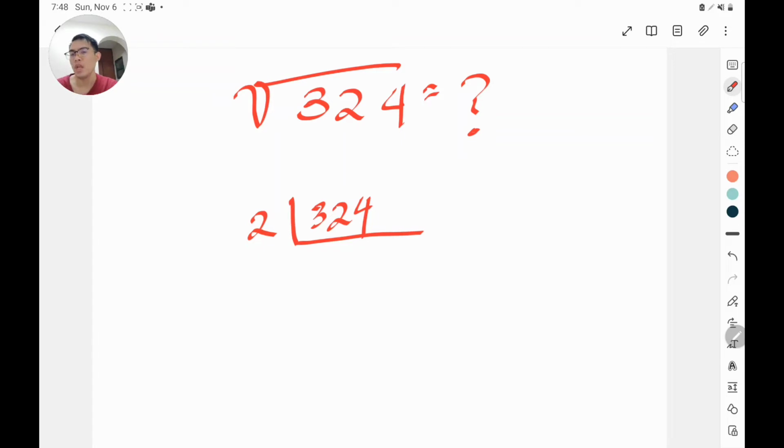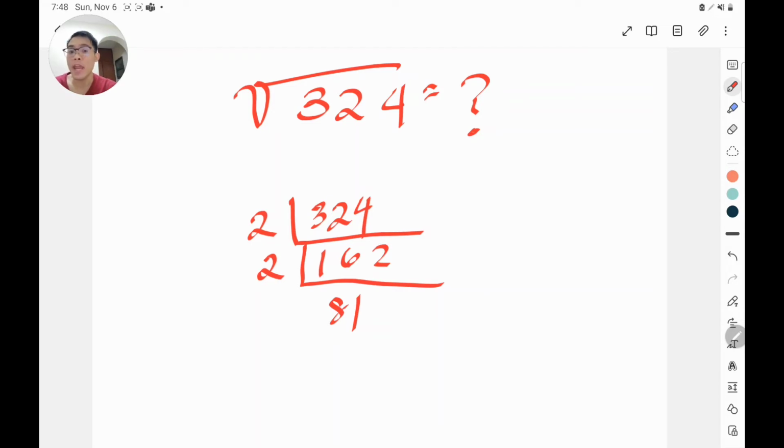Now, 324 divided by 2 would equal 162. All right. Now 162 is an even number. That's why we can divide it again by another 2. So 162 divided by 2 would equal 81, isn't it? Because 160 divided by 2 is 80, and 2 divided by 2 is 1, so 81.